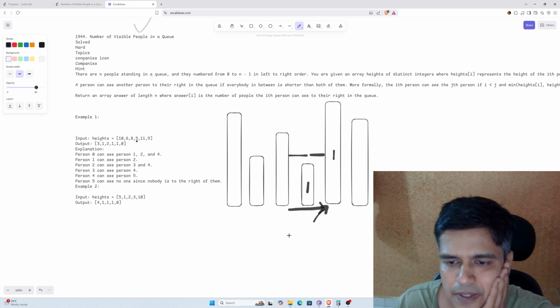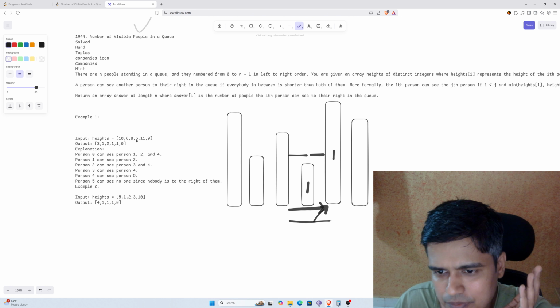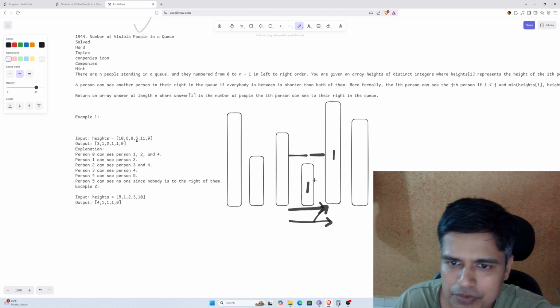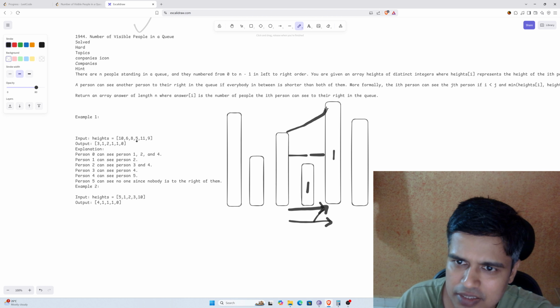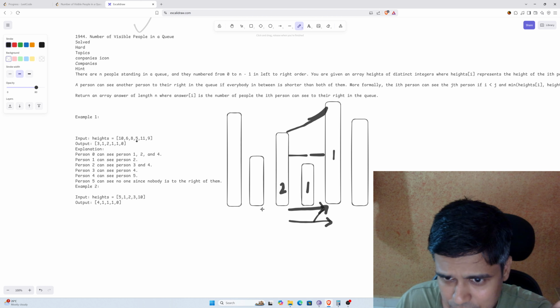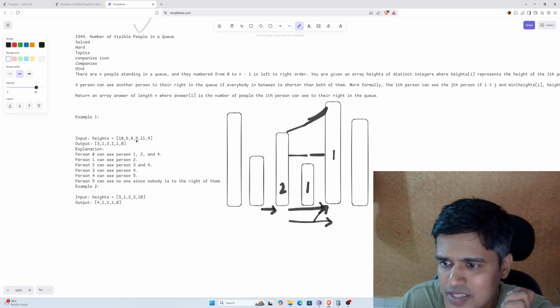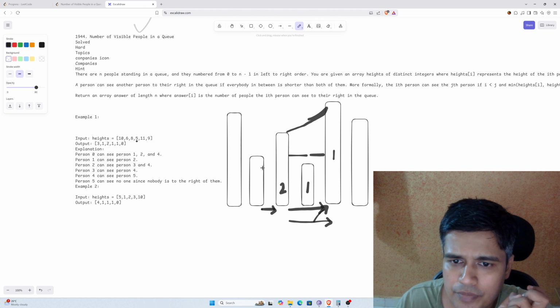This implies somewhere we need to keep on traversing from this to this till the time we see the guy who is greater than this in height. So this is 2. Now for this, it is having an easy life. Only this it needs to see. By this intuition, if I just store the greatest number, this answer should be 1, 2, 3.